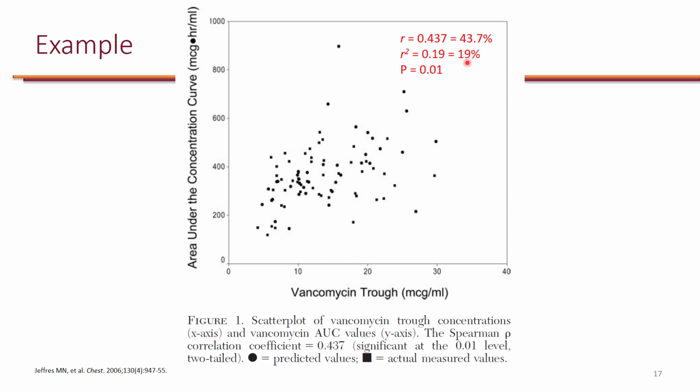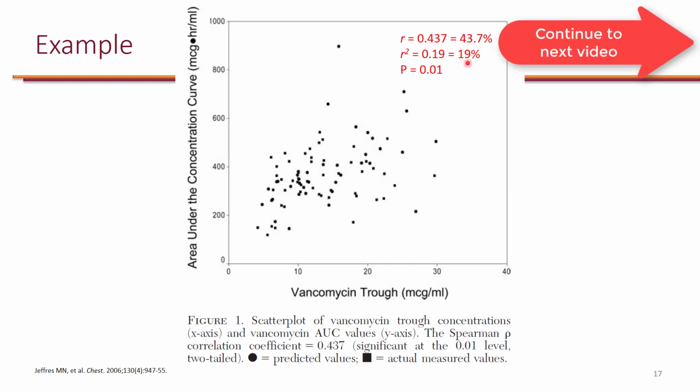And as you remember, we wanted a value of 50% for it to be extremely useful. What this means is that 19% of the variability in AUC is explained by the vancomycin trough levels. And that's not very useful because this 19% is very, very low.